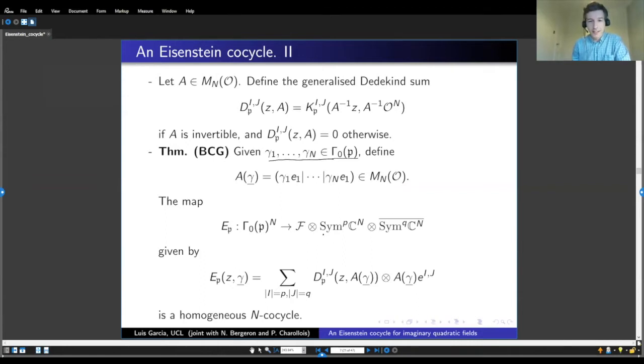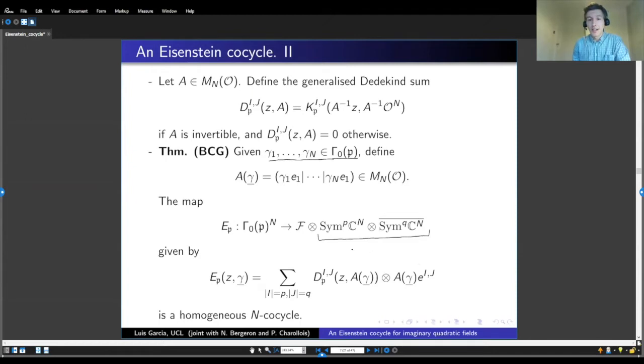Okay, so you can see that here I haven't explained this, but in fact the cocycle is valued in the space F, which is basically the span of all translates by SL_n(K) of this Kronecker-Eisenstein series. But you also have to allow for coefficients to be able to obtain results about arbitrary critical values of partial zeta functions.